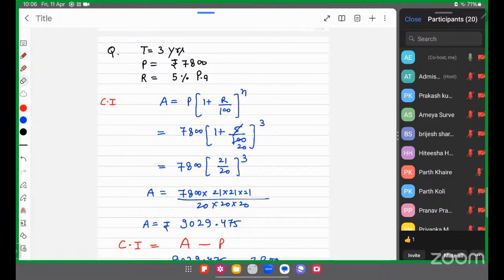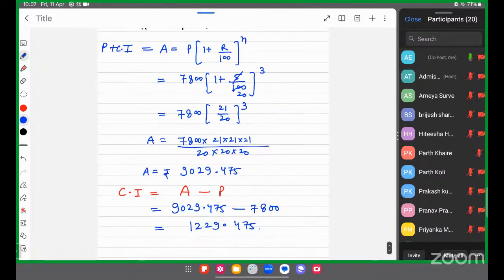We can write it as principal amount plus interest amount. This is A, right? Principal amount plus compounded interest amount is equal to A. And if you want the interest, you have to take A minus P. Understood?